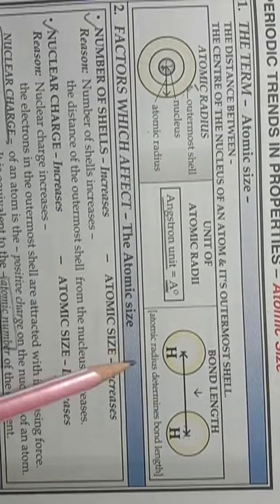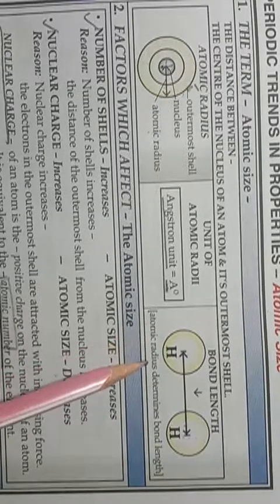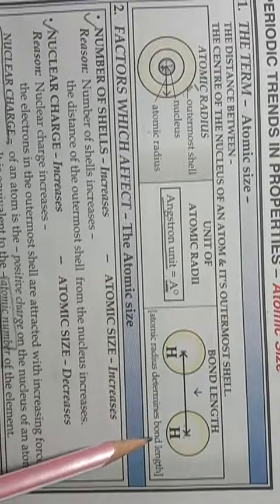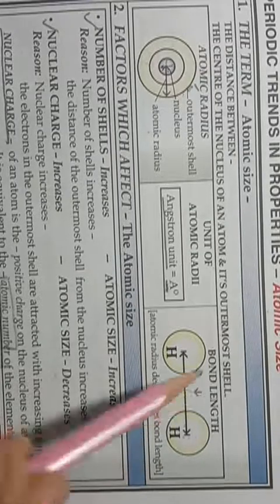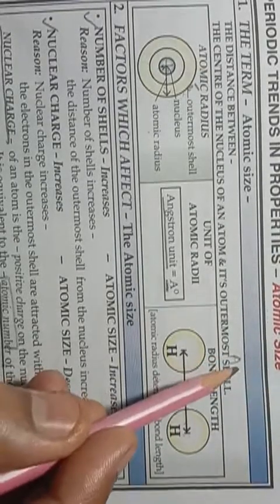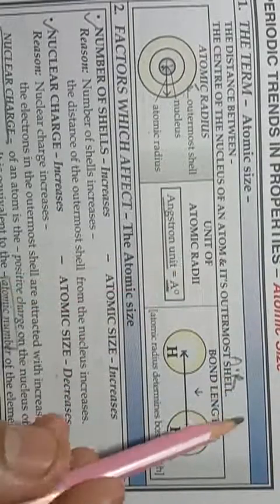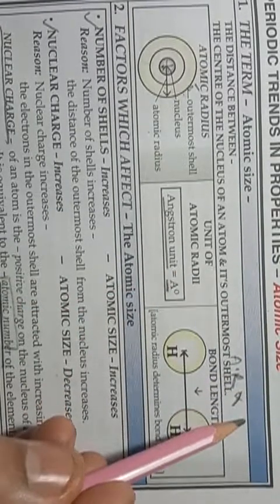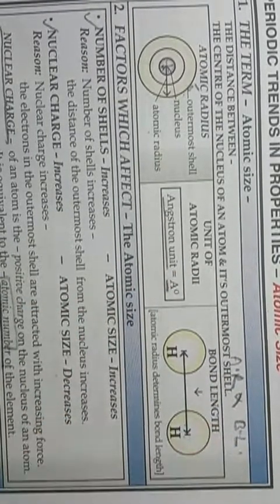Okay children, so in short we can say that atomic radius determines bond length. Okay, so greater the atomic radius, larger will be the bond length.